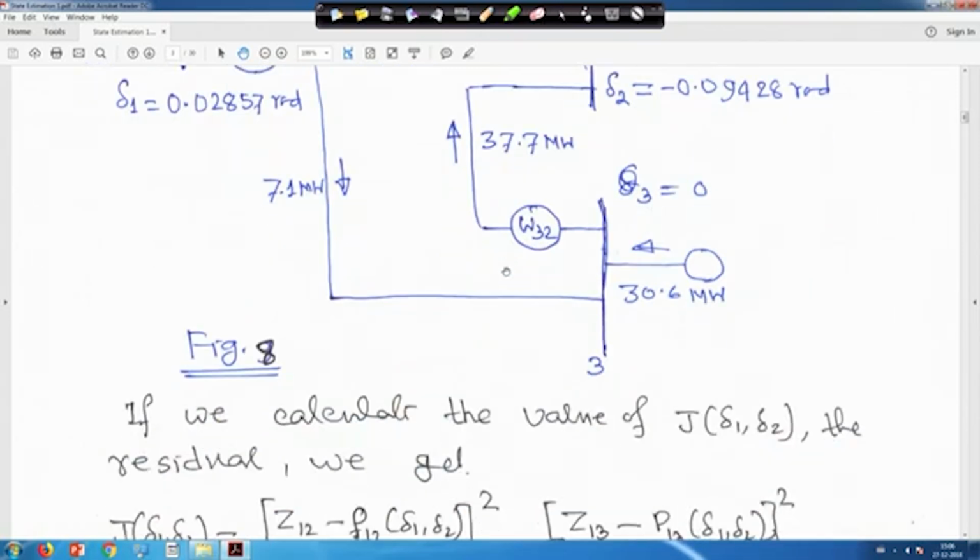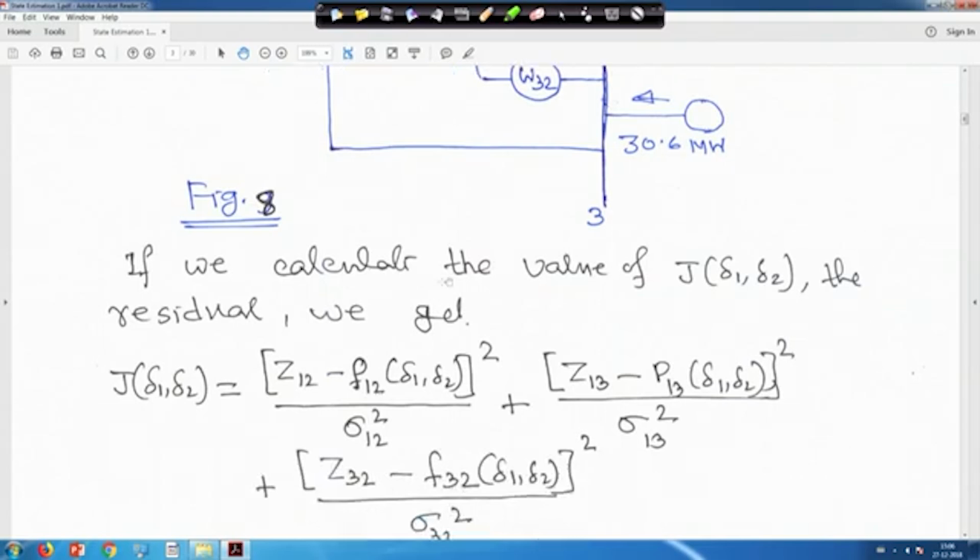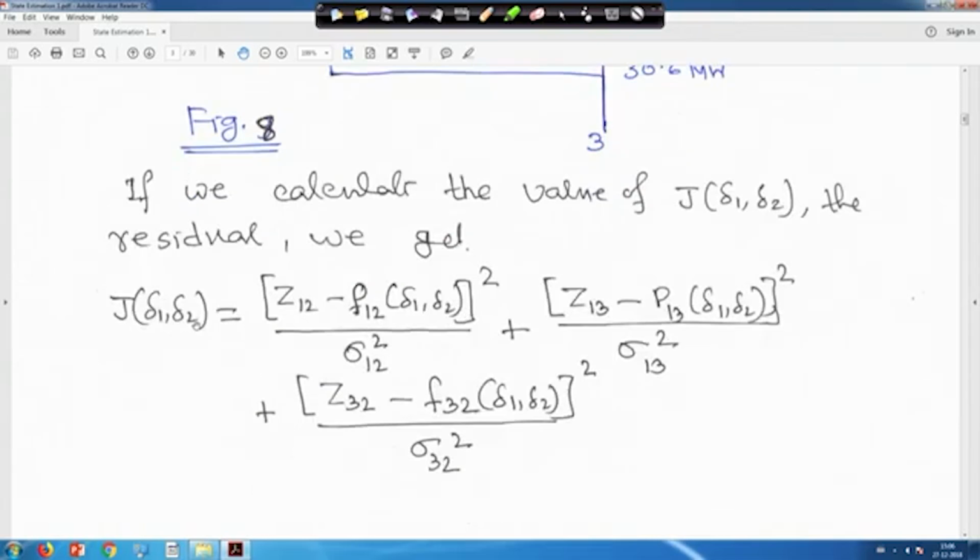Now if we calculate the value of the residual function J of delta 1 and delta 2, it is z12 minus P12 of delta 1 delta 2, then z13 minus P13 and z32 minus F32. These are all squared and divided by their respective meters' standard deviation squared, that is the variance.